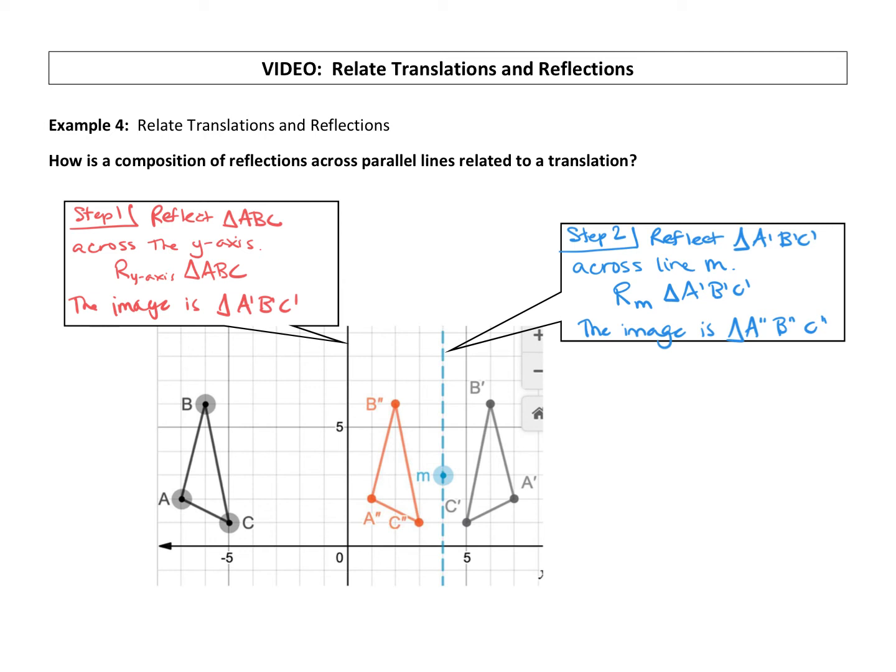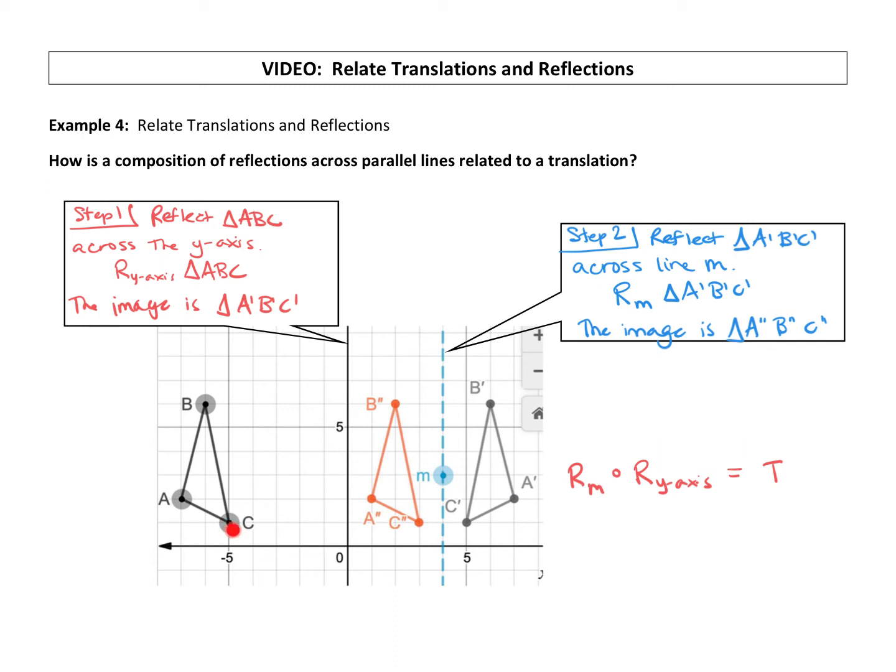So let's take note of that. If we have a composition, we use that open circle for compositions. So if we reflect across the y-axis first, then reflect across the line M, that's the same thing as a translation, and then we did count.